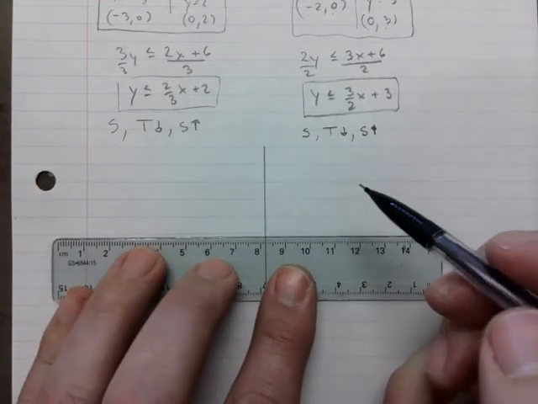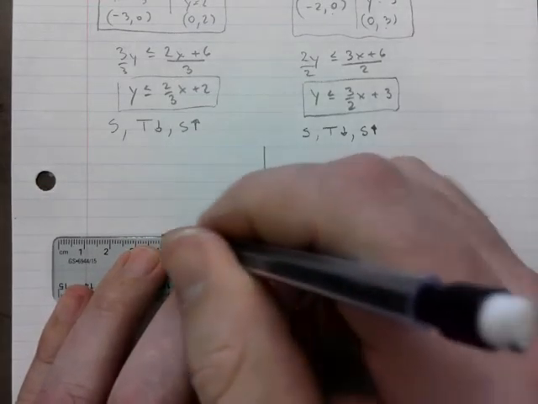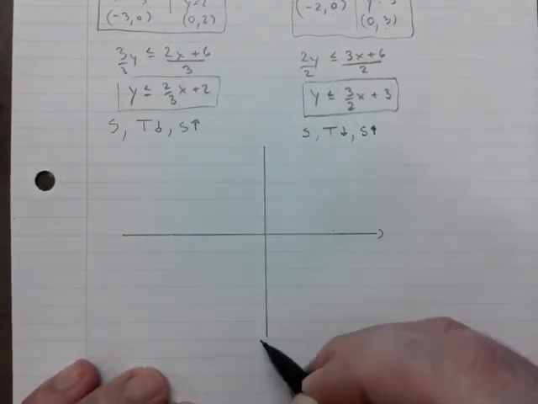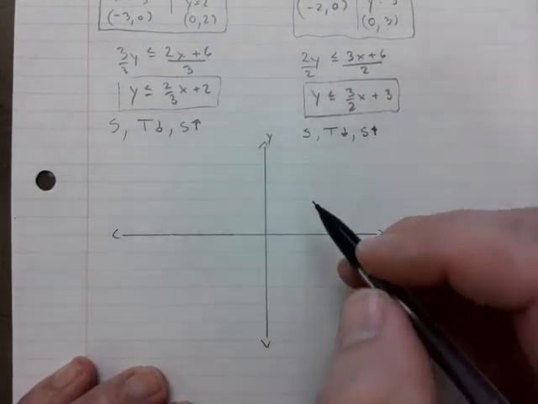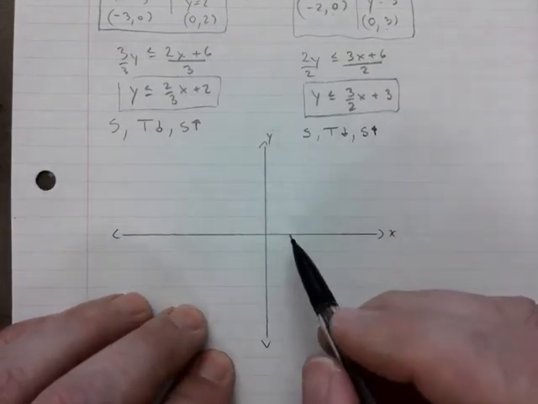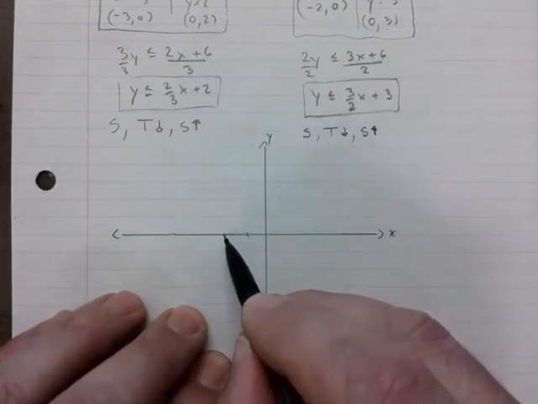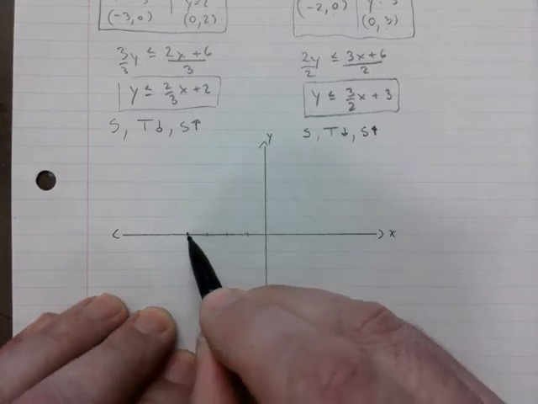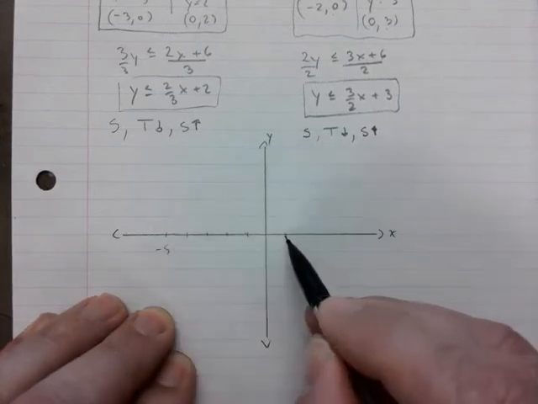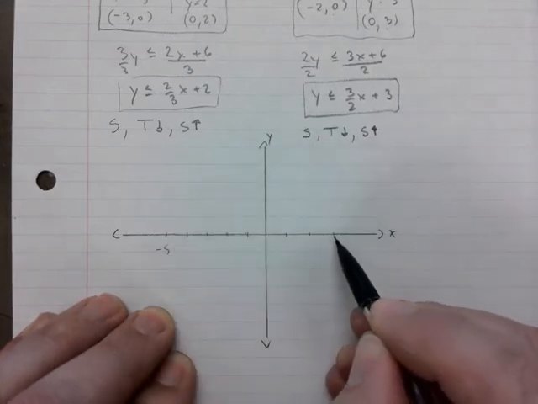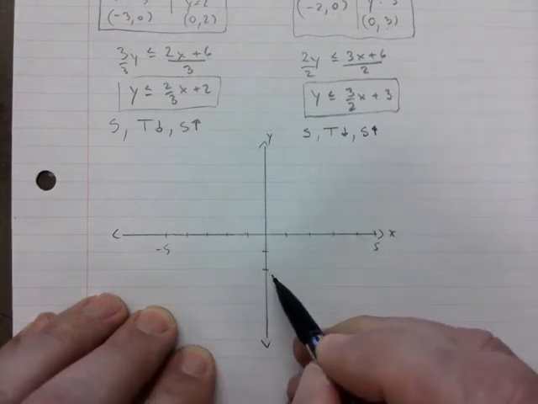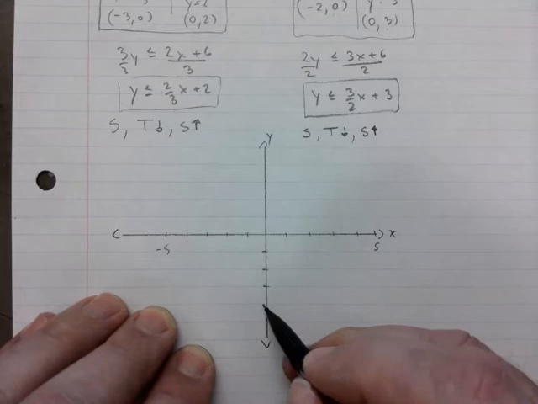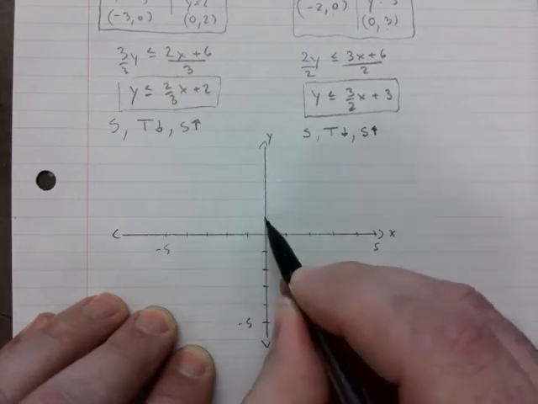Okay, x and y. I don't need to go too far out. Okay, so I'm going to go 1, 2, 3, 4, 5, negative 5. 5 here. 1, 2, 3, negative 5.